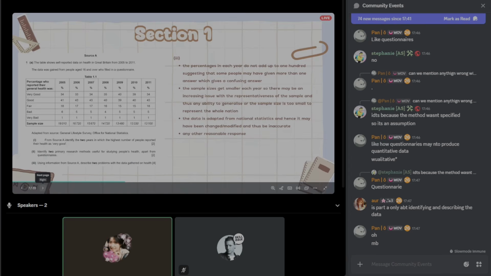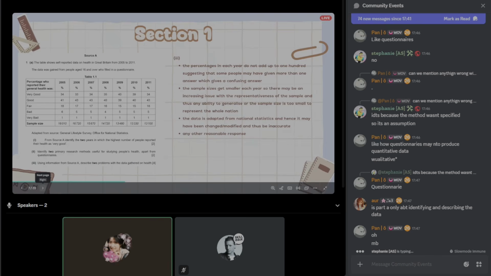Yes, part A is only about identifying and describing the data or trying to understand the data. For example, adapting to the new syllabus, it's always talking about whether this source is reliable or valid, or questioning its validity or reliability.